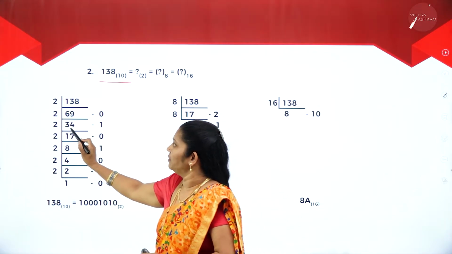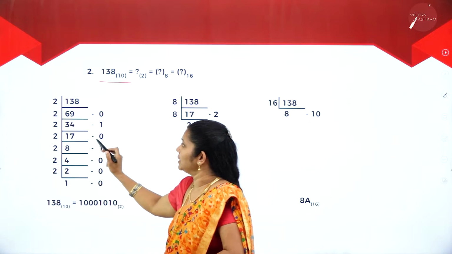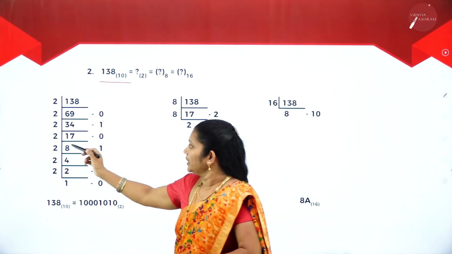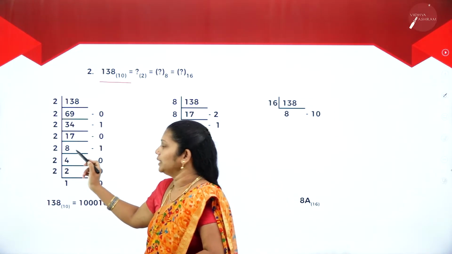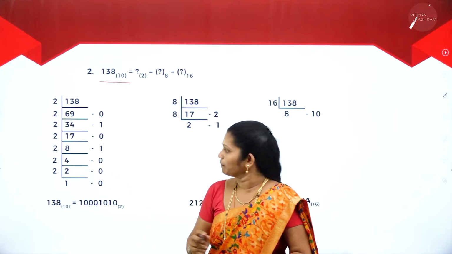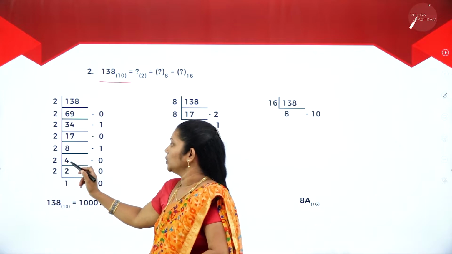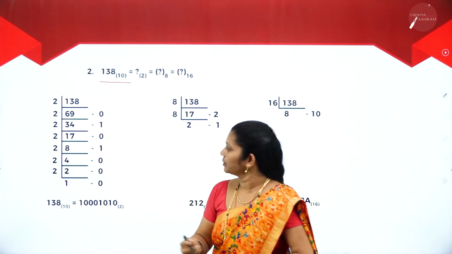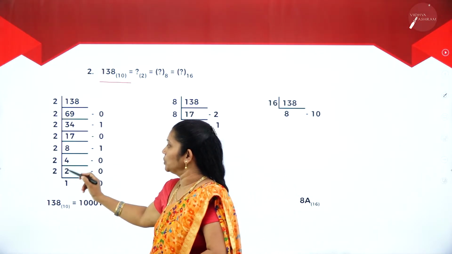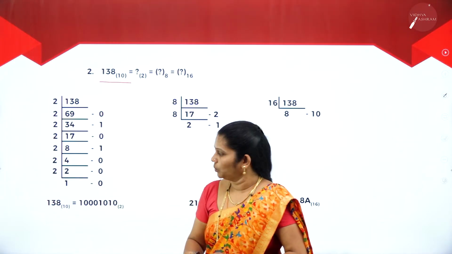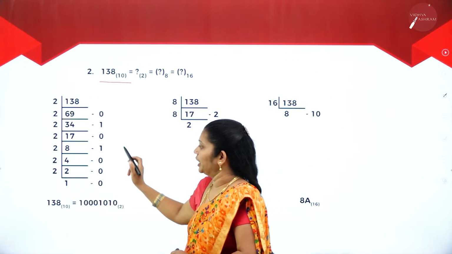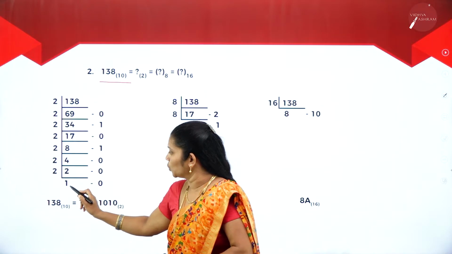Then once again divide this 34 by 2, then 17, the remainder is 0. Then divide this 17 by 2, then 8, the remainder is 1. Then divide this 8 once again by 2, then the quotient is 4, remainder is 0 here. Then once again divide that, 2 2s are 4, then remainder is 0. Like this the process will continue. Once again here I get the result 1 0.